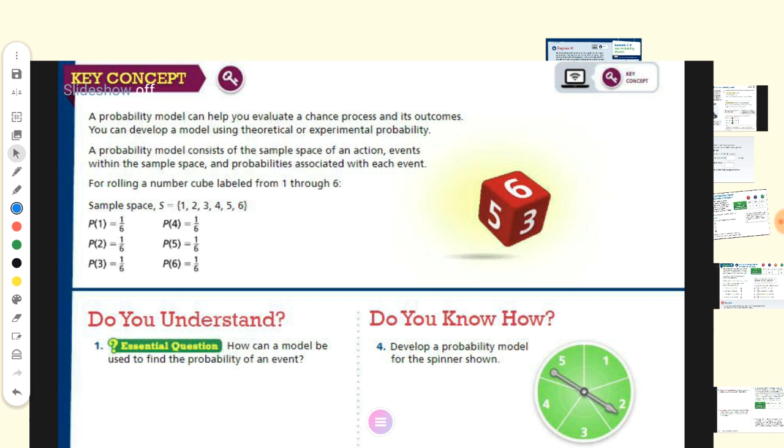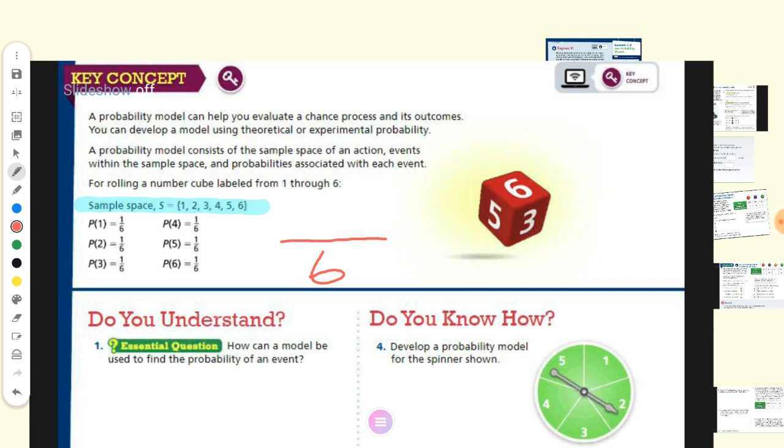As an example, if we're rolling a die like this red one, what is the sample space? The sample space is from 1 to 6: 1, 2, 3, 4, 5, 6. These are all the results that can happen. So what is the probability of each one of them? As we said before, the whole number is always down, which is 6, and the part is up.